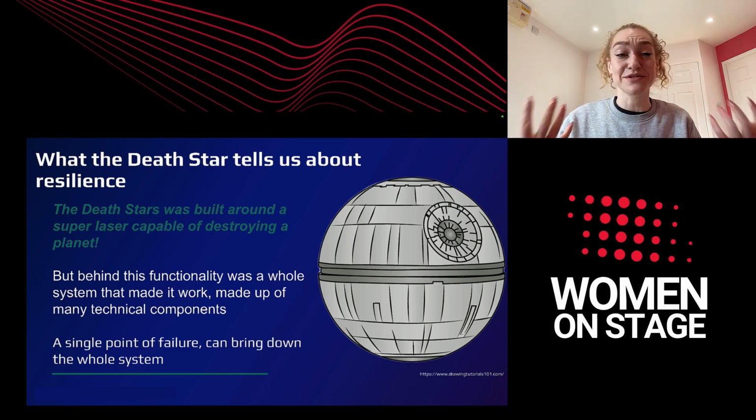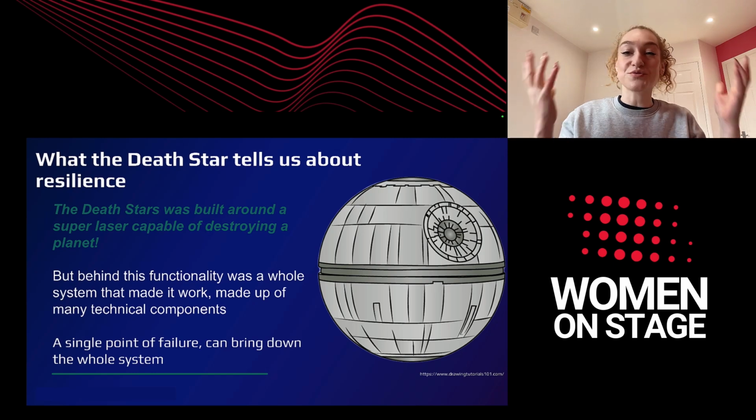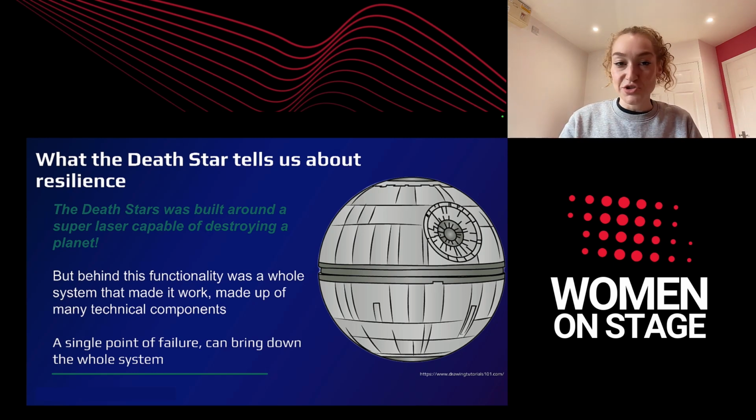The Death Star was destroyed by a single shot that was made very accurately, but it destroyed this entire super laser capable planet-destroying machine, and shows us that actually there was a single point of failure that brought down the entire thing. So I like to add in a little bit of something fun. It gets the audience going, oh yeah, I understand that. So again, depending on what the audience is, you might want to add in something a little bit fun, cultural reference points, things like that, if you're comfortable with it.